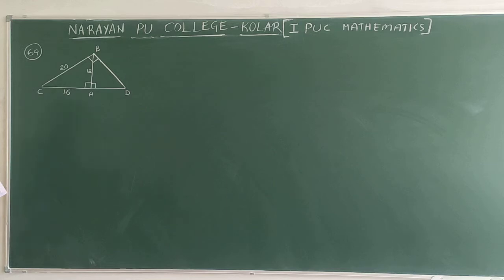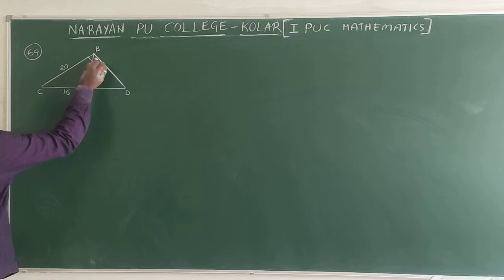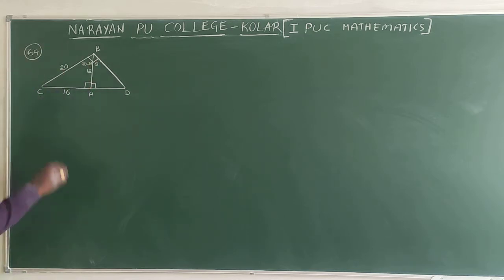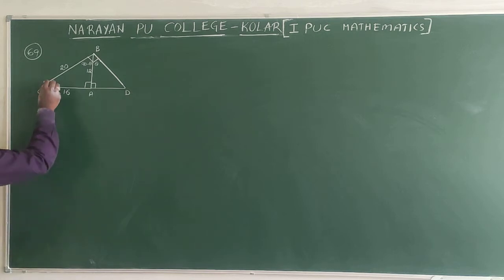Now here we need to find the length BD. Okay. If this is theta, then this should be 90 minus theta, and this is theta, because if you add these three angles you will get 90.